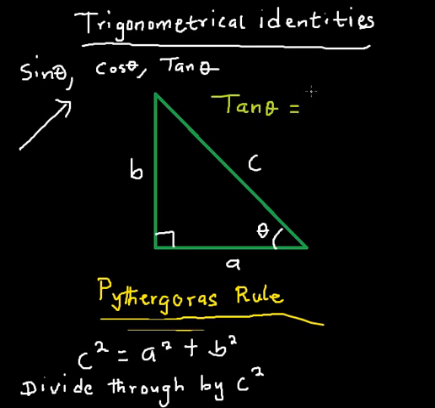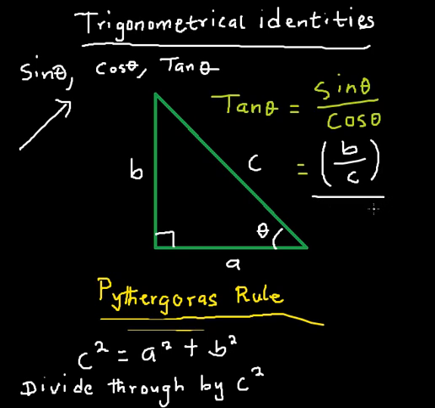So now let's prove if that is true. If sin theta over cos theta is equal to tan theta, let's do that. Sin theta, from here, you know very well is opposite over hypotenuse C, in a bracket, then over cos theta.